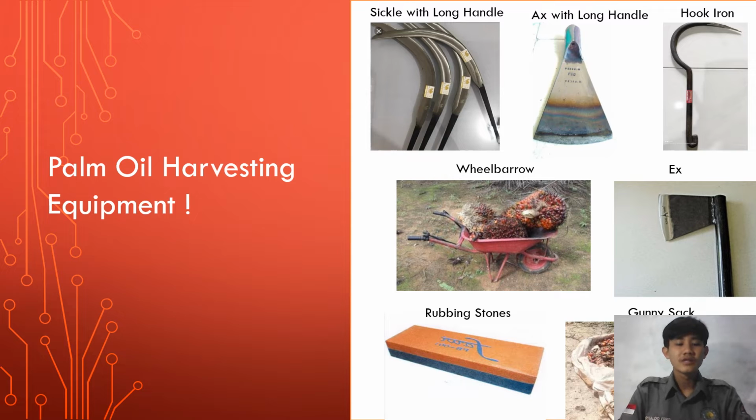The tools that must be prepared in harvest work are: number one, sickle with long handle, in bahasa egrek. Number two, axe with long handle, in bahasa dodos. Number three, hook iron, in bahasa ganco. Number four, wheelbarrow, in bahasa angkong.